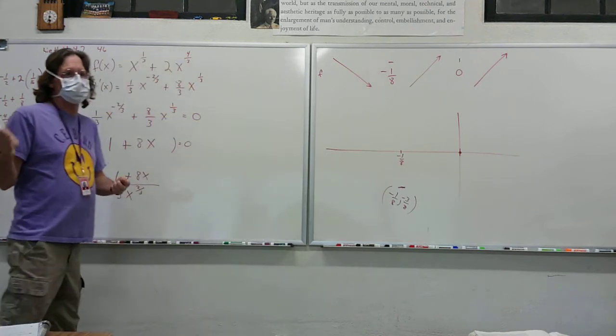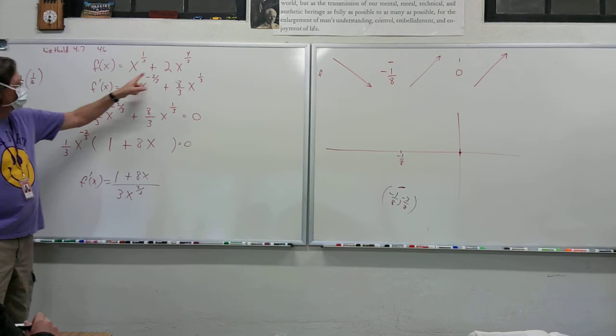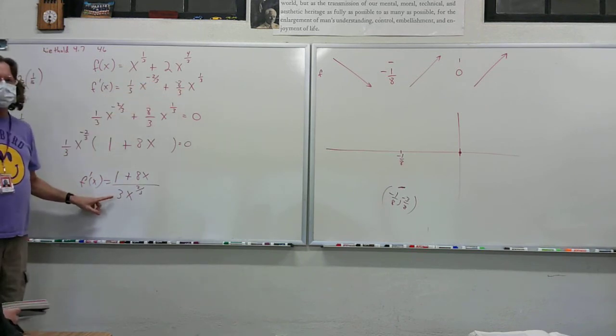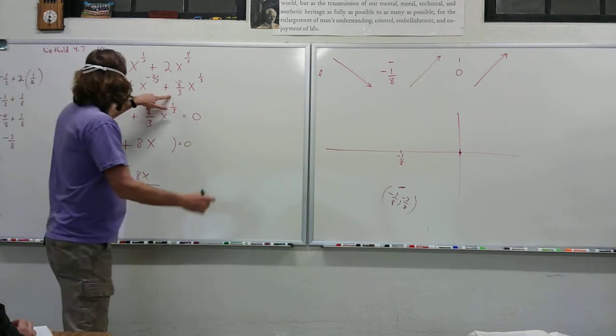Now on to the second derivative. On the second derivative, folks, go and take it from right here. Because do you really want to use the quotient rule? No, just take the second derivative from right here.